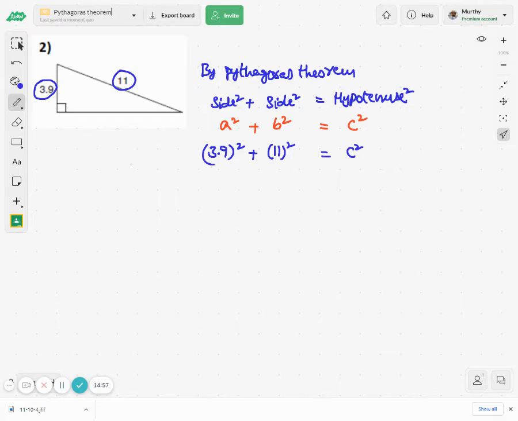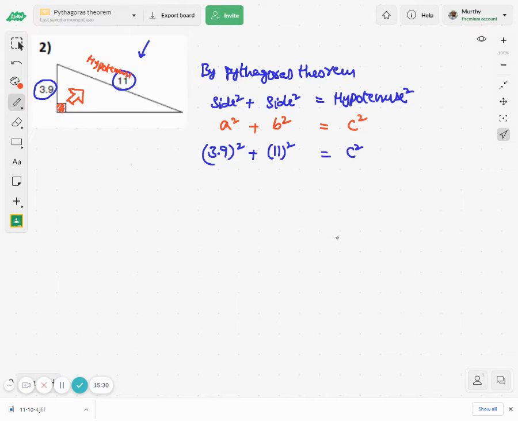Actually, this is the most possible mistake that a student can make, because 11 is not one of the legs. Here this little square indicates 90 degrees. The side opposite to 90 degrees is known as the hypotenuse.